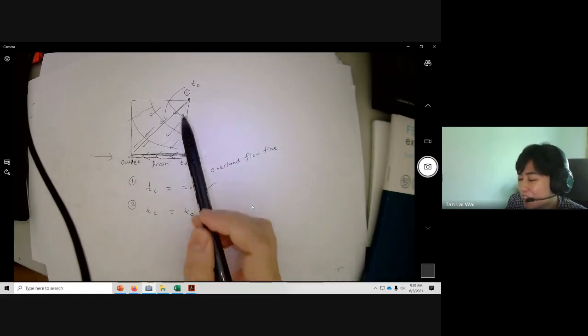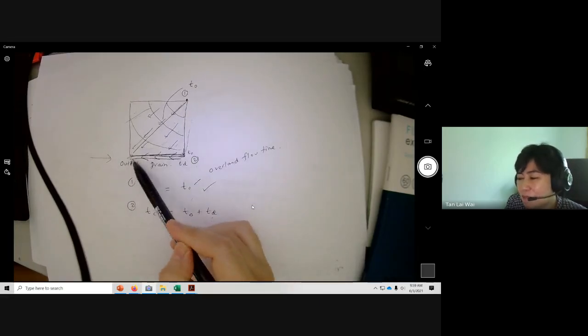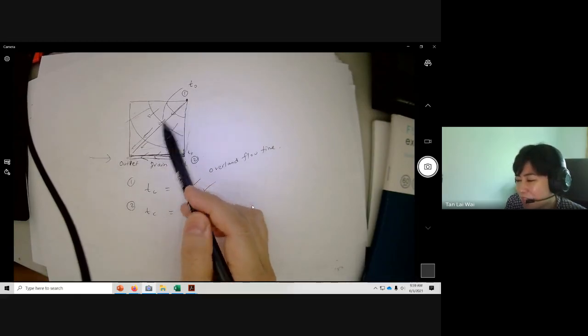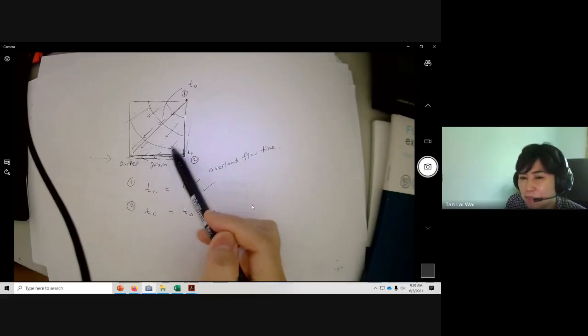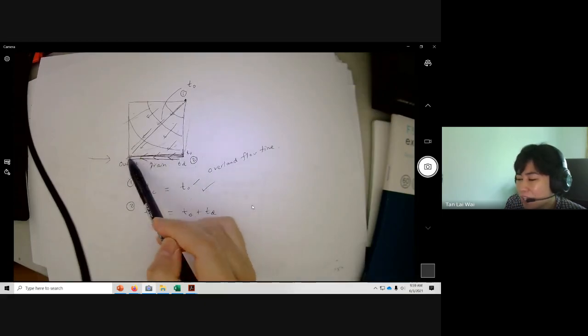Jadi masa yang paling lama diambil ialah bila titik ni mengalir keluar ke sini, sebabnya aliran kat sini semua dah keluar ke sini. Kalau secara rasional kita fikir, aliran ni dah keluar ke sini.